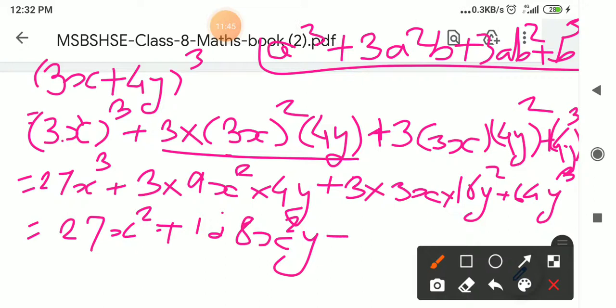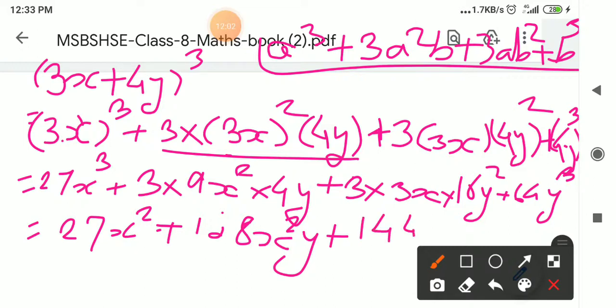Plus here, 3 into 16. You do the multiplication: 16 into 3 into 3 is 144.